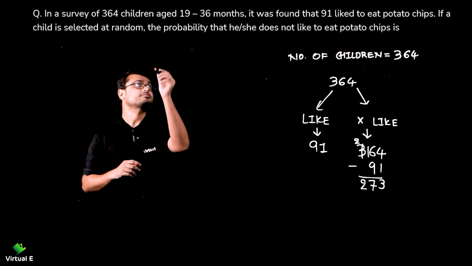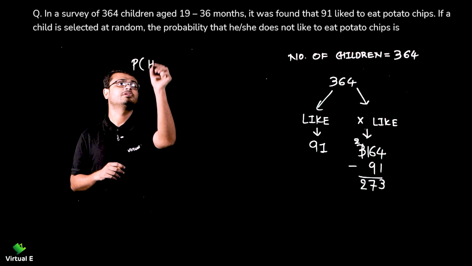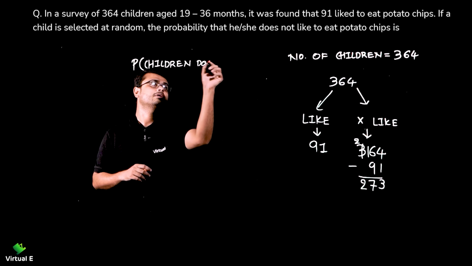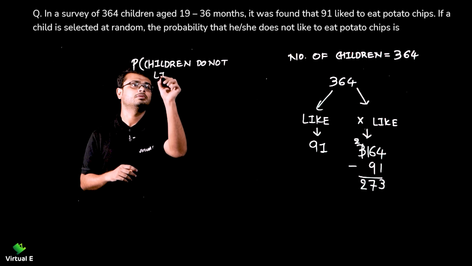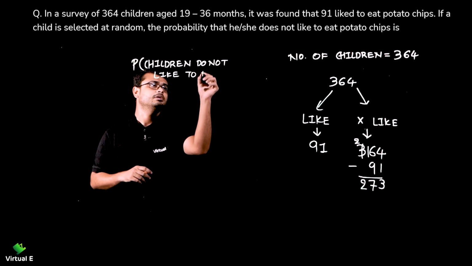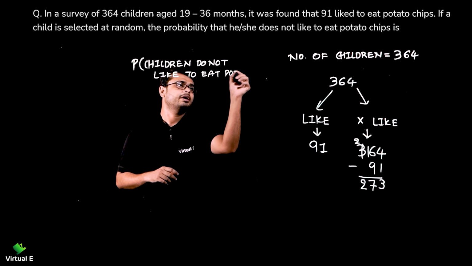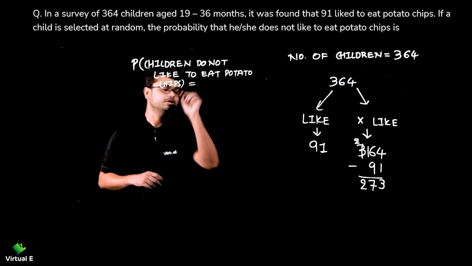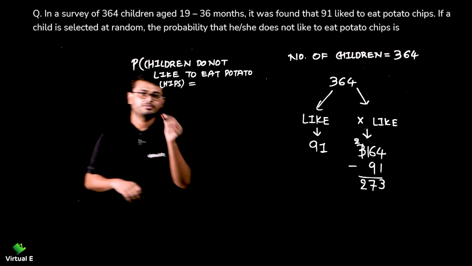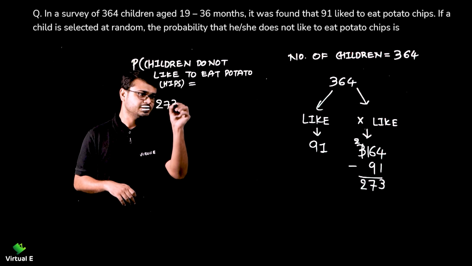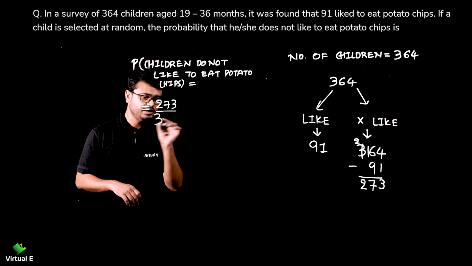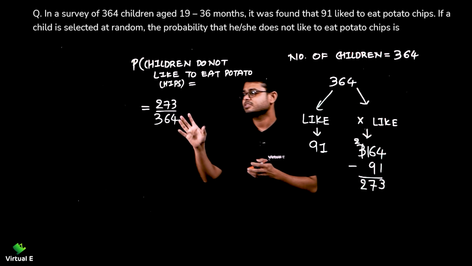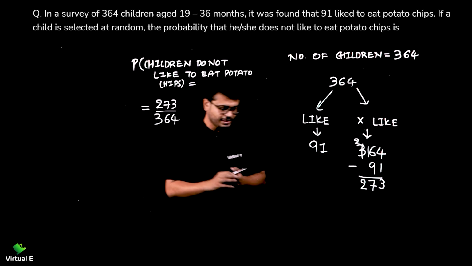So let's write probability of children who do not like to eat potato chips is equal to 273 divided by 364. That's it. I think we cannot do any cancellation, so keep it as it is. If you want to get it in decimal, you can go ahead and get the answer.